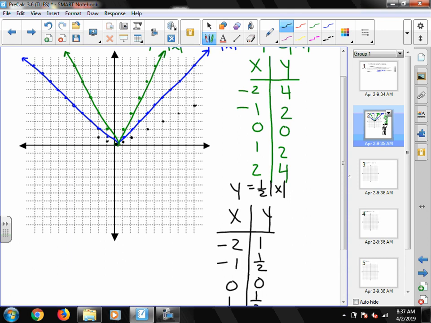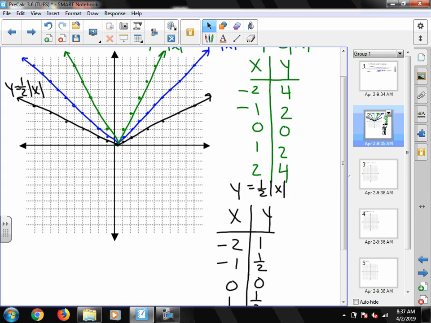That's fine. Otherwise, you can always get more points by more XY charts. And here it is. So I have y is equal to 1/2 times the absolute value of x.